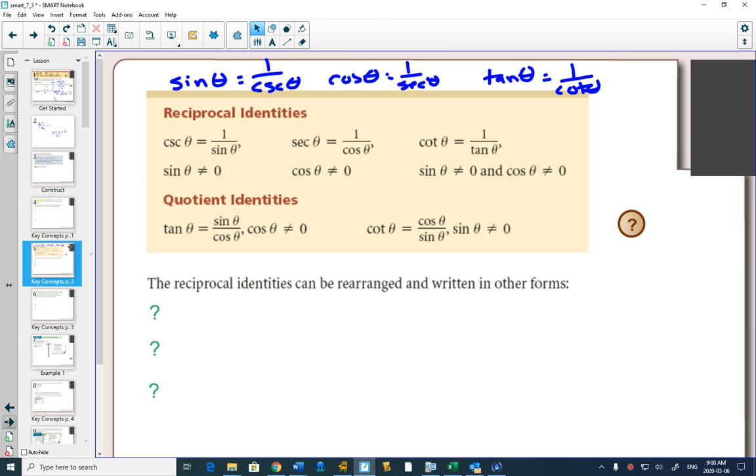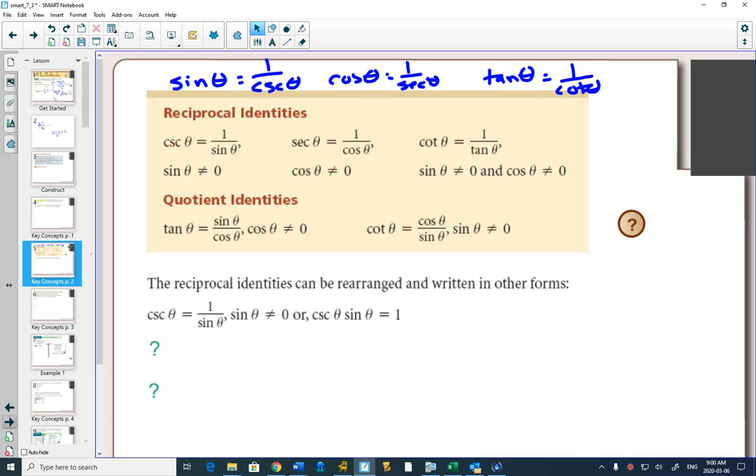Now, anything that you can do in one step in your head is allowed. So for example, can you see that if you multiplied both sides of this equation by sine, cosecant times sine is equal to 1?